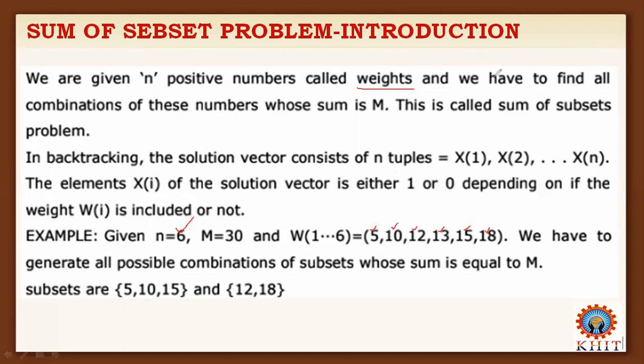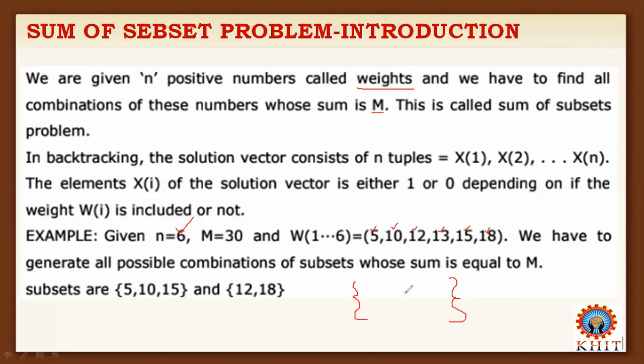and here we have to find all possible combinations of these numbers whose sum is m. This is called the sum of subset problem. That means you need to identify or find a set.